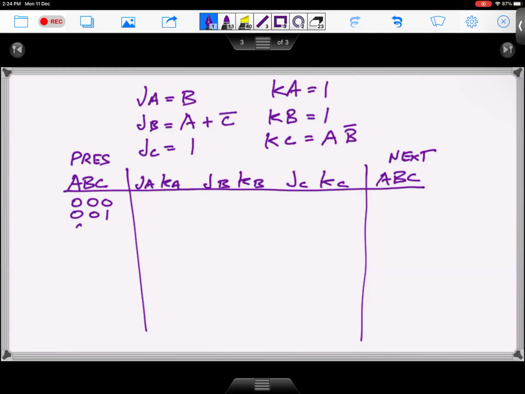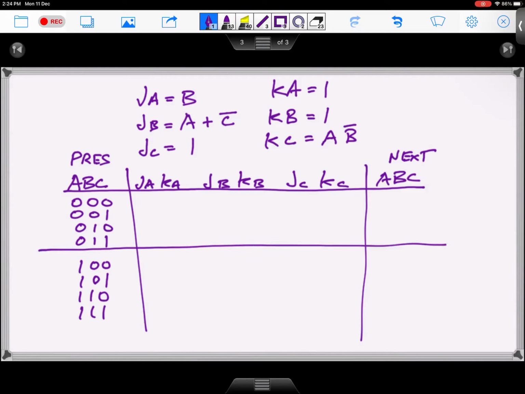So we do our usual binary from 0 to 7. And we proceed to fill in based on the above functions.